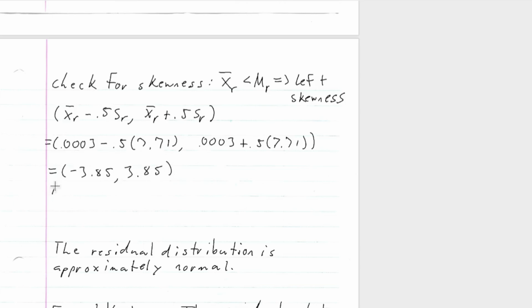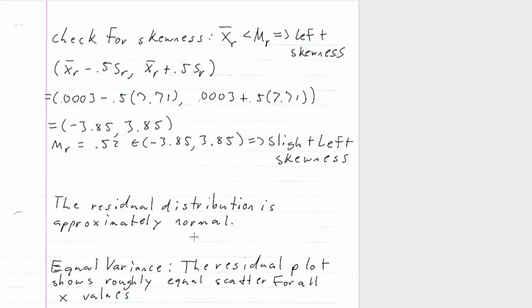And we know that the median, which is equal to that 0.52, right, is an element of this interval, right? Negative 3.85 to 3.85. So this implies that there's only slight left skewness. So that means the residual distribution is approximately normal and we're good, right?